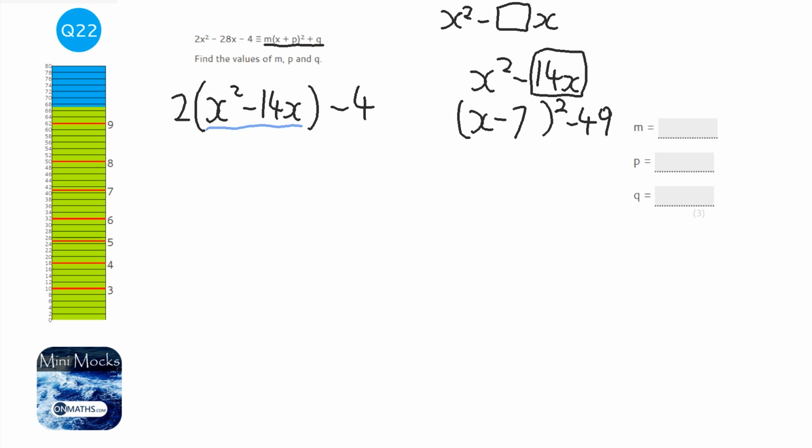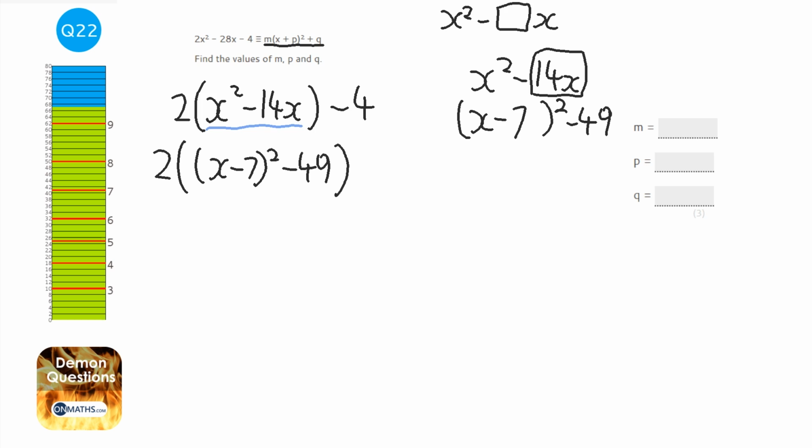So I'm going to replace that with what I've just found out that it is, x minus 7 squared minus 49. Now, I have that minus 49 on the inside of the brackets, and I want to collect that with the minus 4 on the outside of the brackets. So I'm going to just expand the big brackets. So I'm going to times the x minus 7 squared by 2.